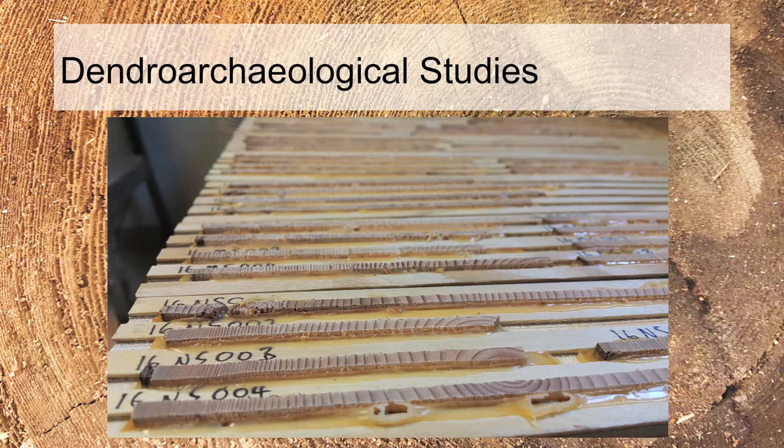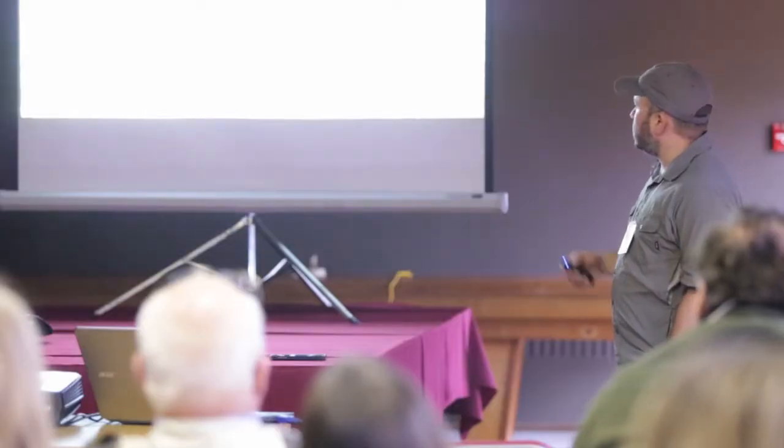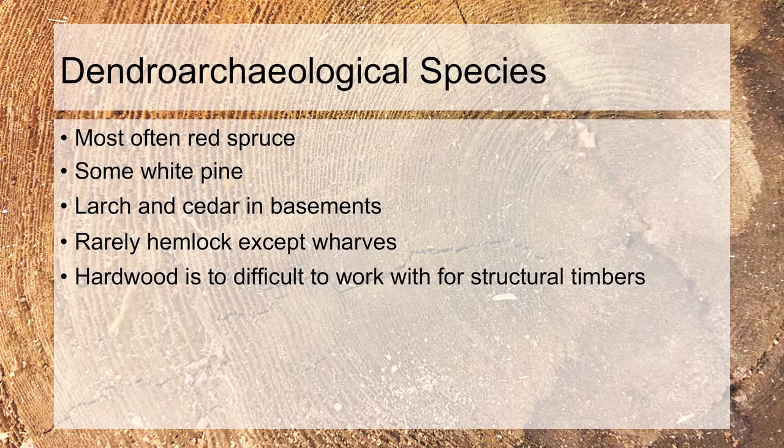Right now, I'm working on the largest dendroarchaeological project done in the Maritimes. So we're dating about 20 structures, early 1800s, late 1700s, in the Tantramar region. So we're building on the archaeological side of things. Those species that we see often in there, red spruce, white pine, sometimes larch cedar in basements, those are the types of things we're getting out of these buildings.